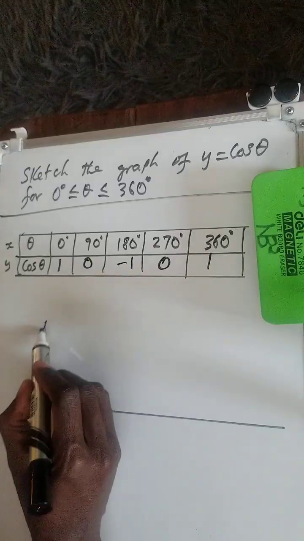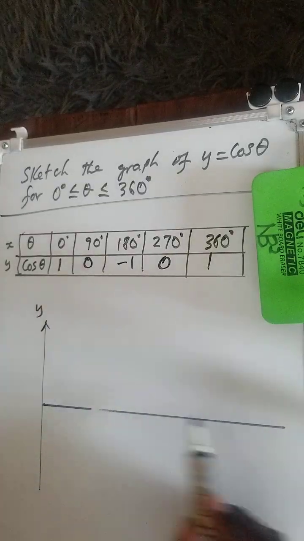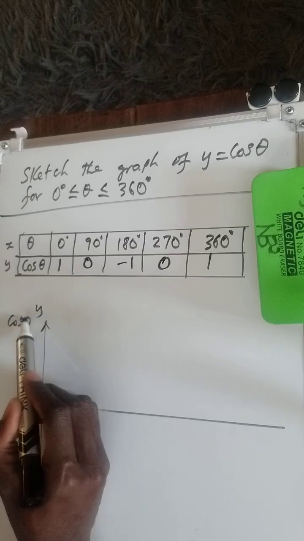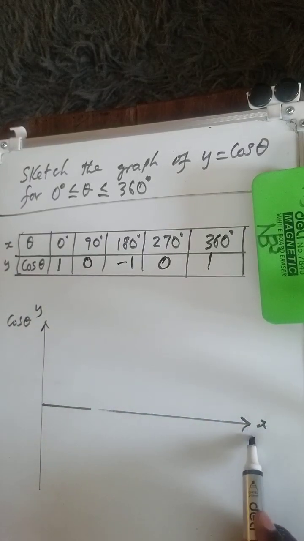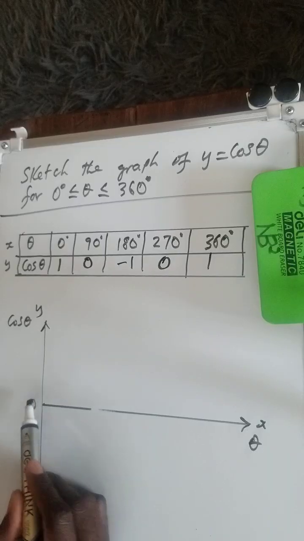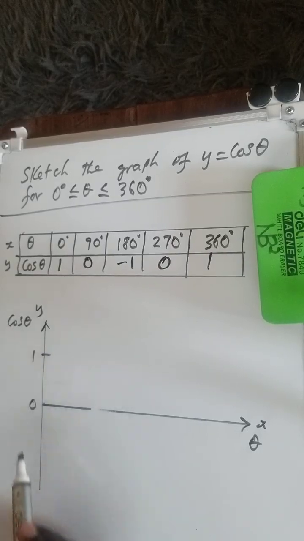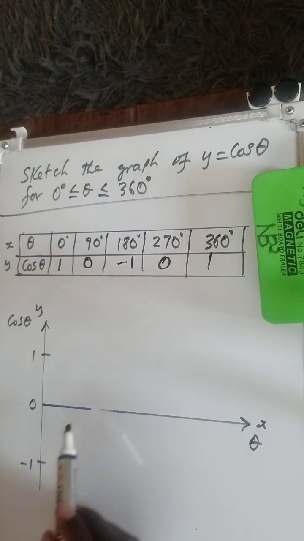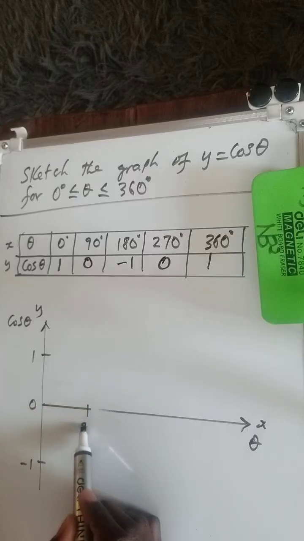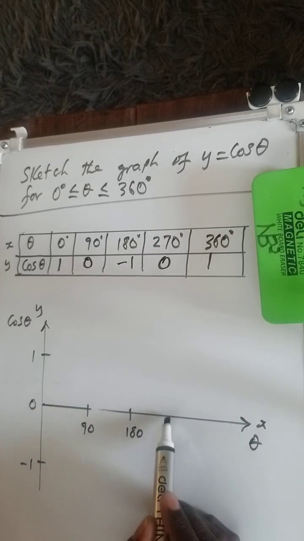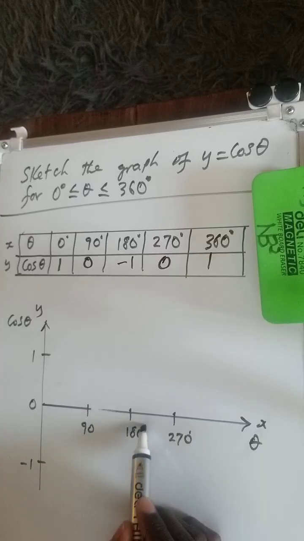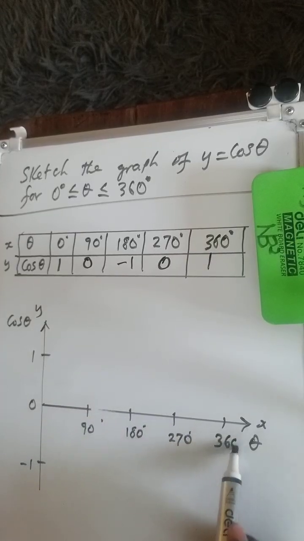So I can say that is y, representing cos theta, and on the x-axis that is representing just your angles. So 0, again the highest is 1 and the lowest is -1, so I can have 0, 90, 180, space them evenly, 270, and 360 degrees.